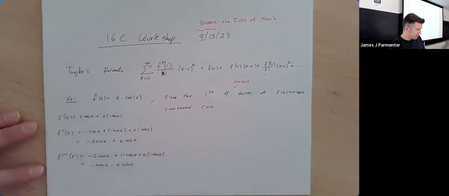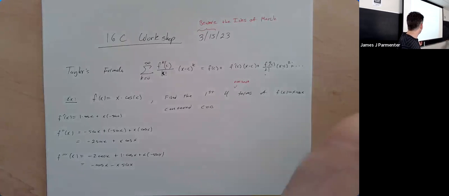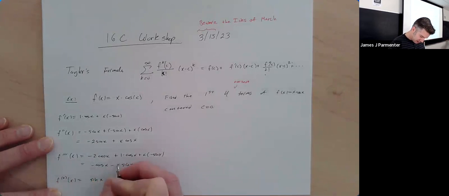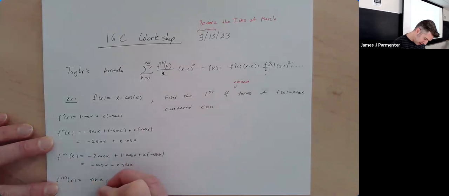There might eventually be a pattern to this, which would be kind of cool. Let's look at one more derivative. The fourth derivative is going to be sine of x, and then product rule minus sine of x, and then a minus x times cosine of x.